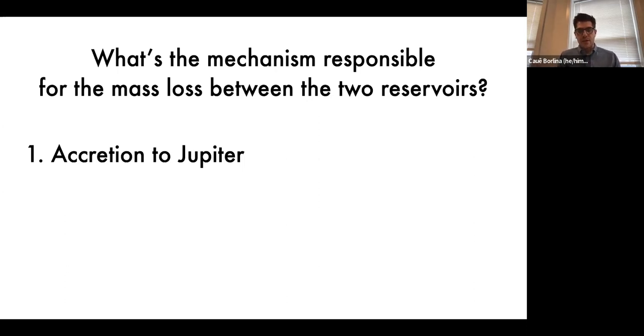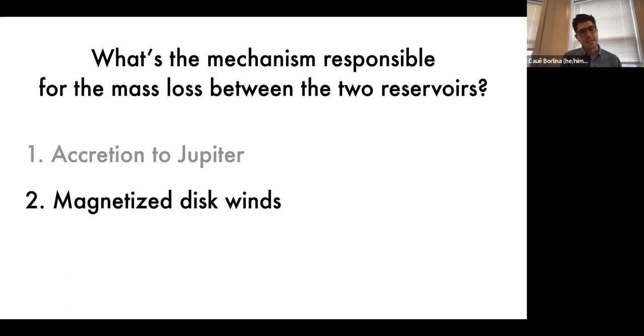However, if we look at how much mass is being lost from the carbonaceous reservoir to the non-carbonaceous, and we look at the size of Jupiter, Jupiter would have to be way more massive to account for this mismatch. That is not to say that Jupiter is not there, but it's unlikely that Jupiter itself is responsible for this mismatch that we're observing.